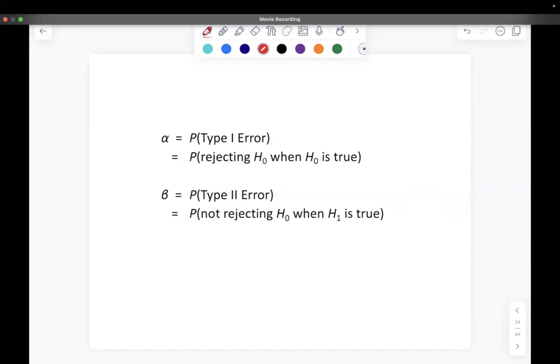The amount of the curve in the tails is your alpha, the probability of making that type 1 error. The amount of the curve inside your confidence interval is beta, and it is the probability of making a type 2 error. And don't worry, you're not going to be held to that. I'm not going to require you to give that back to me or explain it to me.